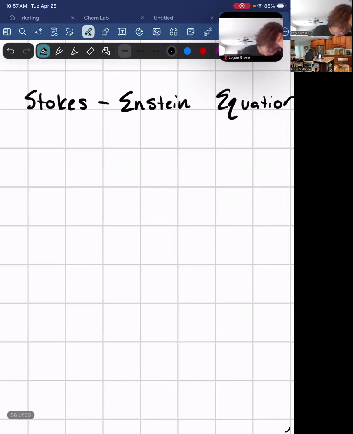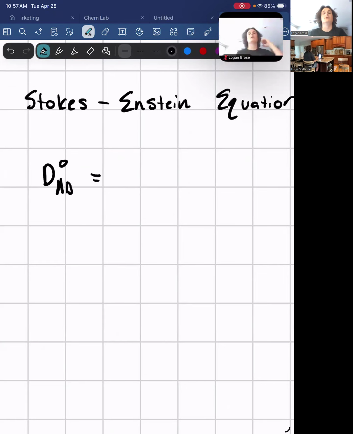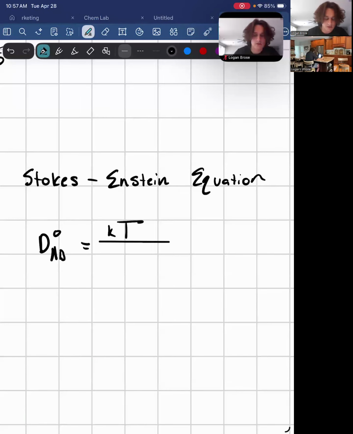And so this is our diffusion coefficient from A to B at standard state, and this equals our Boltzmann constant times our temperature over 6 pi R_A mu_B.